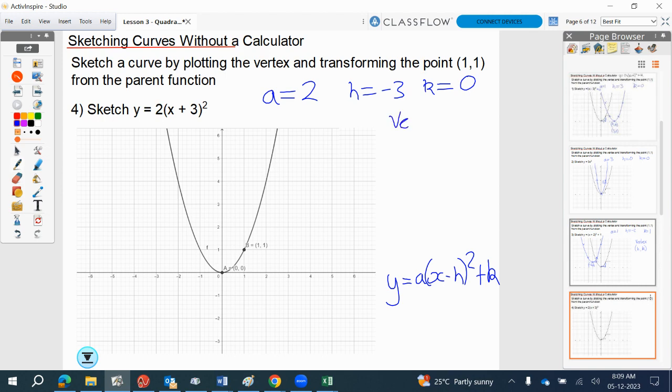So the vertex is always at h, comma k. That is -3, 0. Start by sketching the vertex. -3, 0. Label it. It's always good to label your key points.